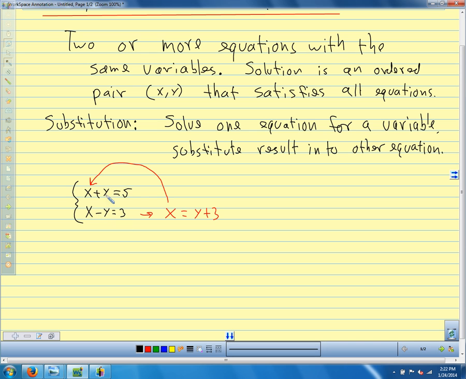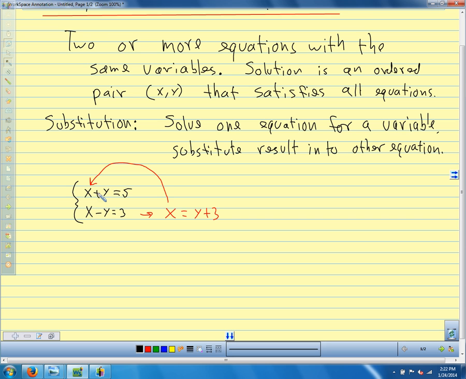Well, first off, if we graph these two equations, what would the graph of these two equations be? What would the graph of x plus y equals 5 be? A line. So these are graphs of lines. So these are linear equations. We can use substitution on equations that are not linear, sometimes.